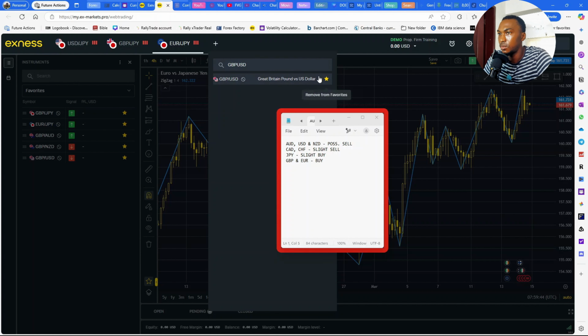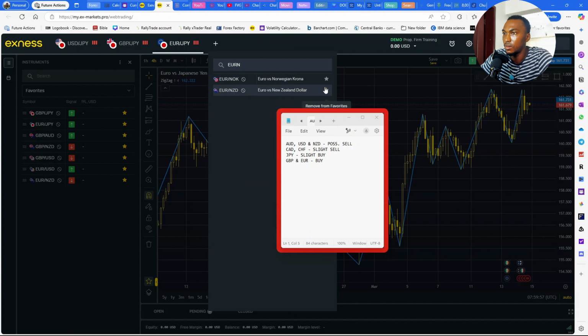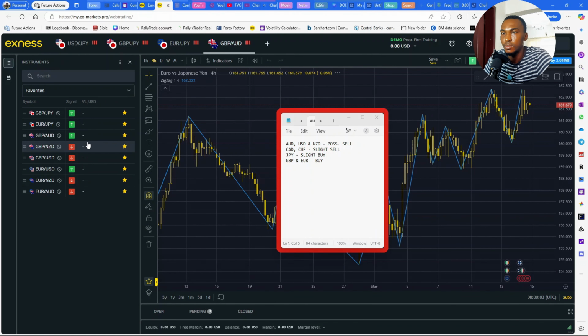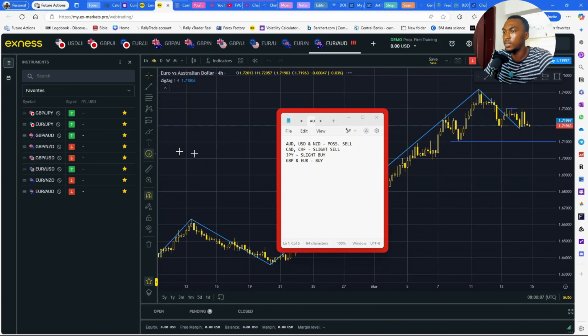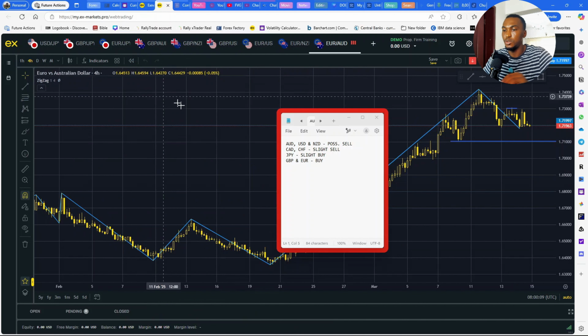So this is the way I am going to be pairing the market. Euros to the strong sell-offs. All right, so these, my dear friends, are what we are going to be analyzing today.